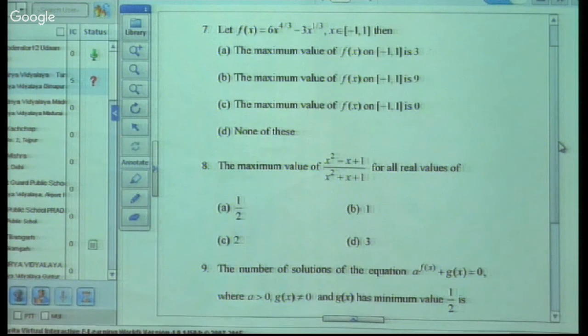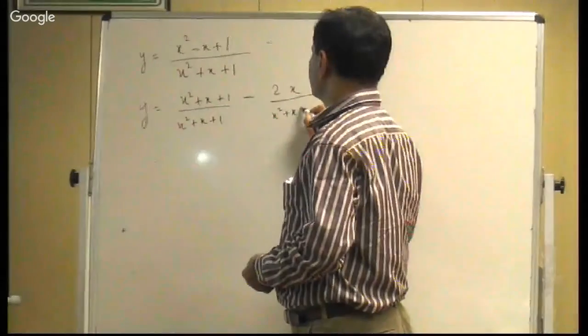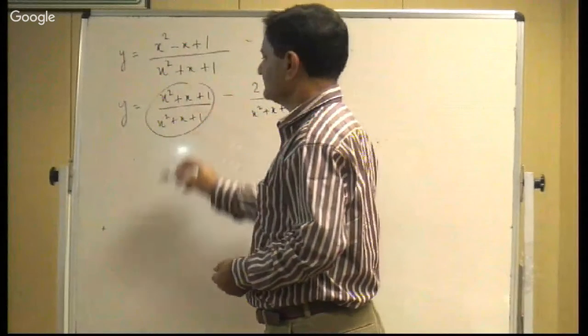Now let us consider this function as y equal to x square minus x plus 1 upon x square plus x plus 1, right? For all real values, you have to find the maximum value. So I can write it as x square plus x plus 1 minus 2x upon this, so that this expression becomes equal to 1. This is 1, right?